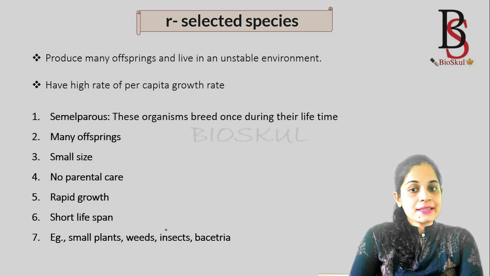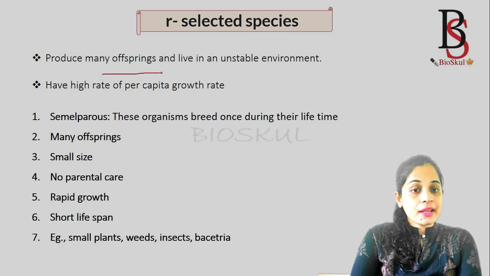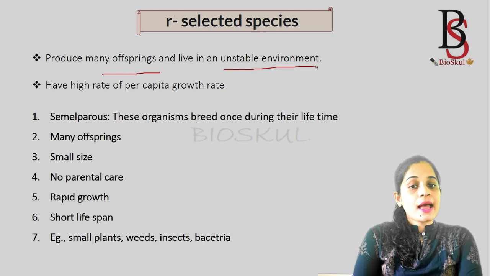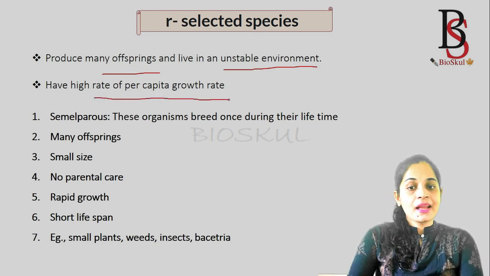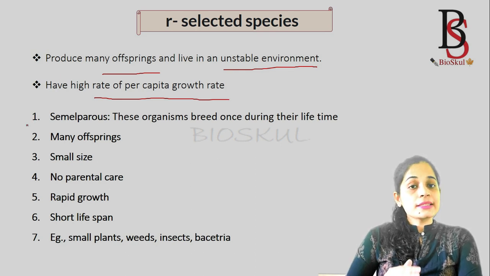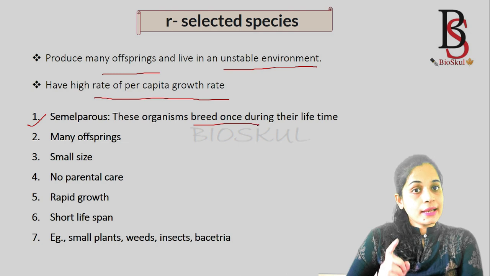R selected species produce many offspring and they live in an unstable environment. R selected species have a high per capita growth rate because they produce more offspring. What are the characteristics? The first one is that they are semelparous. Semelparous organisms breed once during their lifetime.